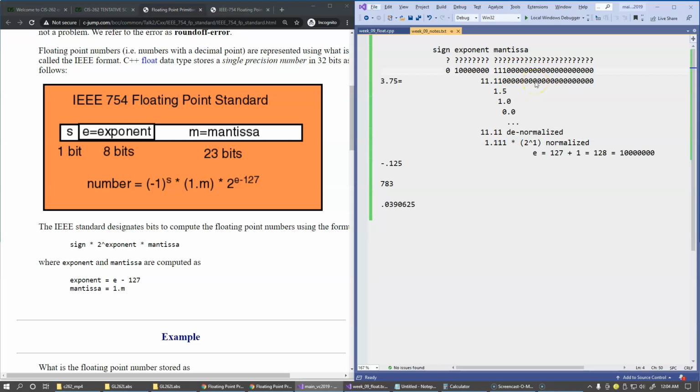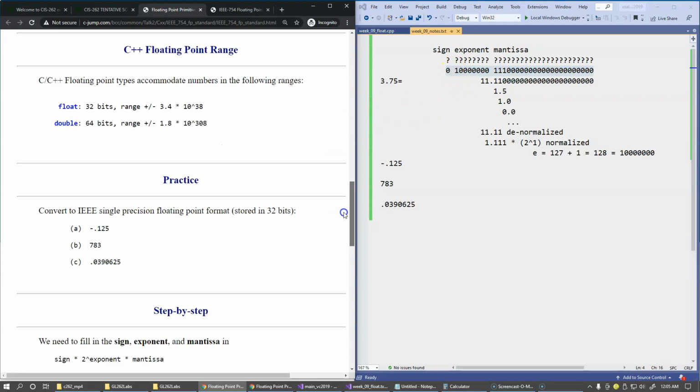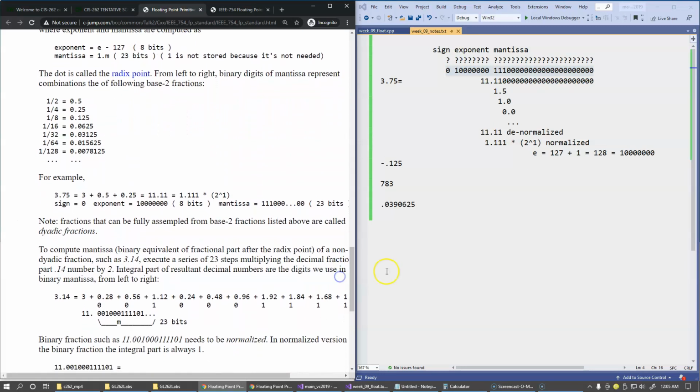And we can quickly verify that this result is correct by bringing back our base 2 fractions right here. Then, starting with mantissa, these 1, 1, 1 bits correspond to these 3 base 2 fractions.